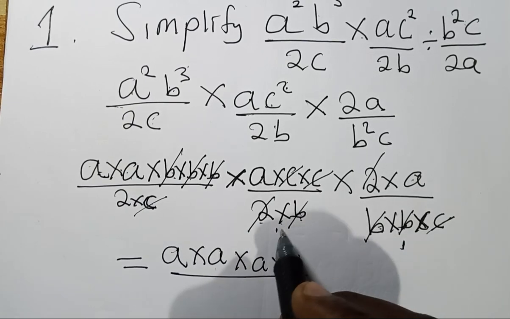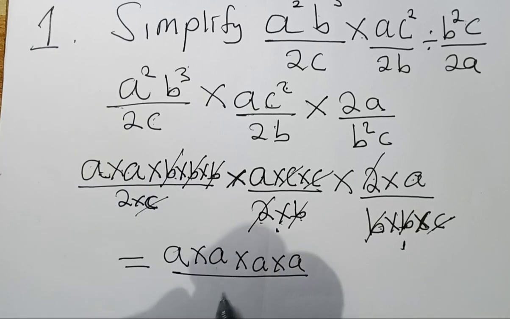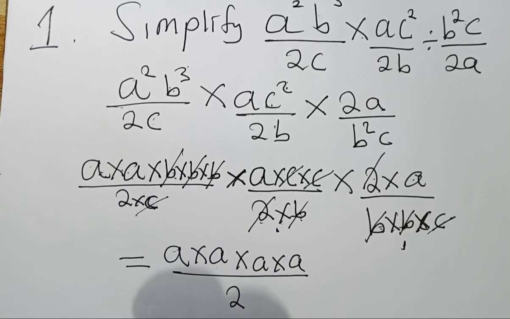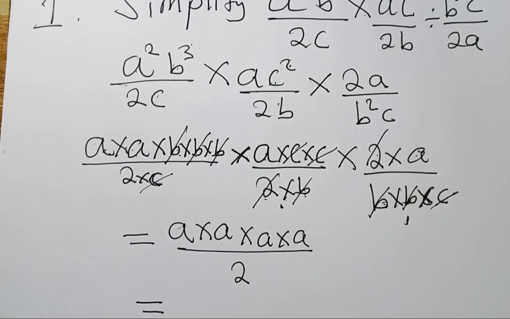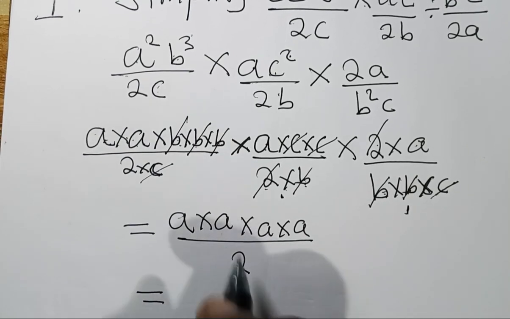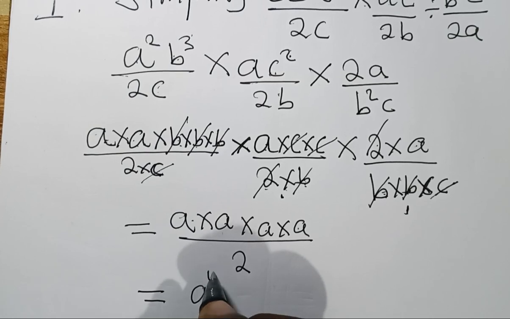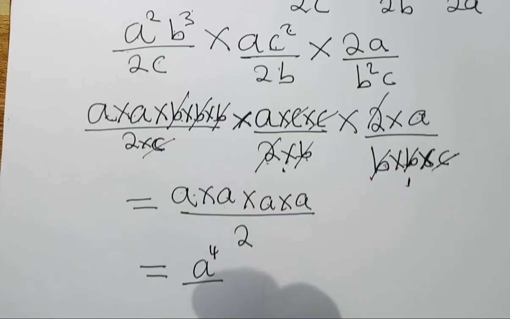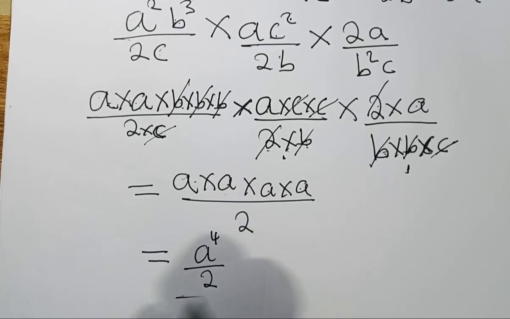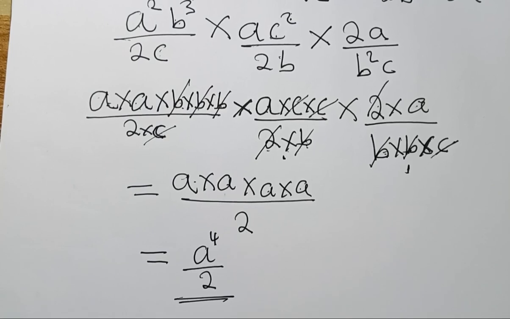So 1 times 1, 1 times 2, we have a 2. So this one is the answer, but you can write it in this format. You can write a times a times a times a as a raised to the power 4, over 2. So this is the final answer for the final exam algebra.